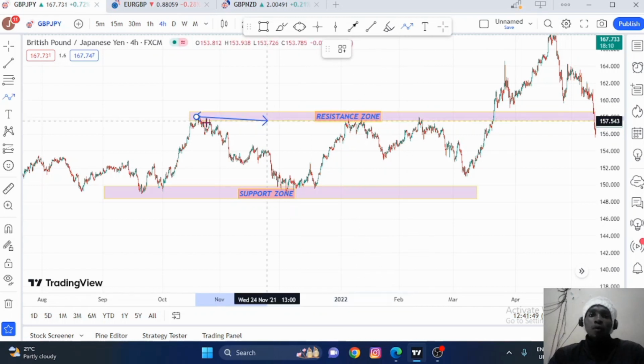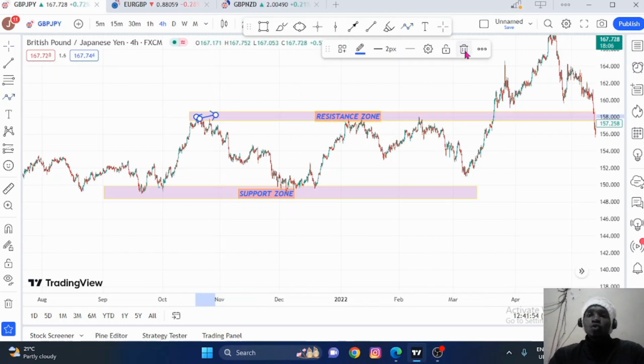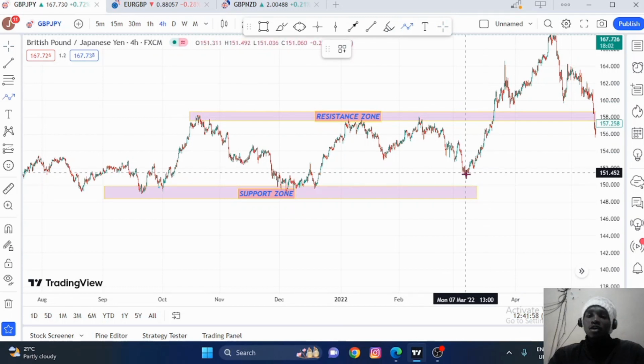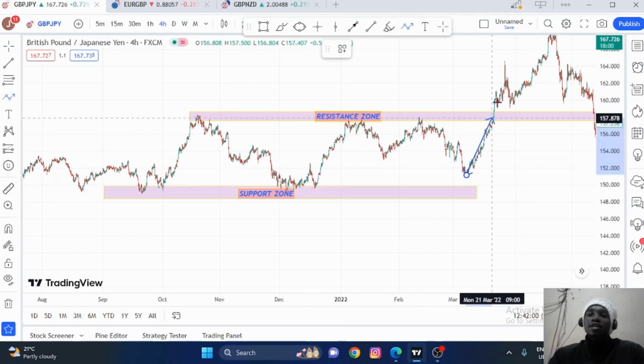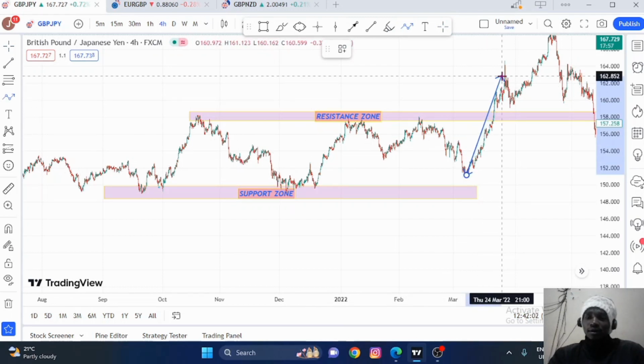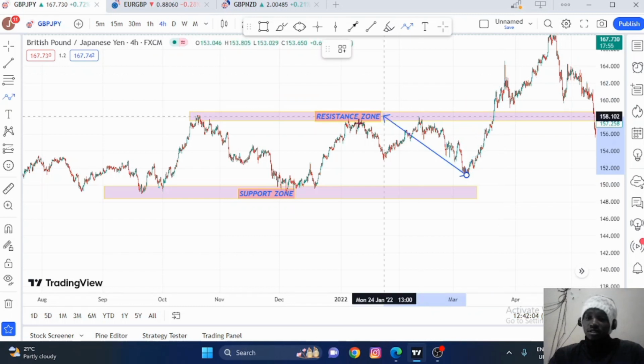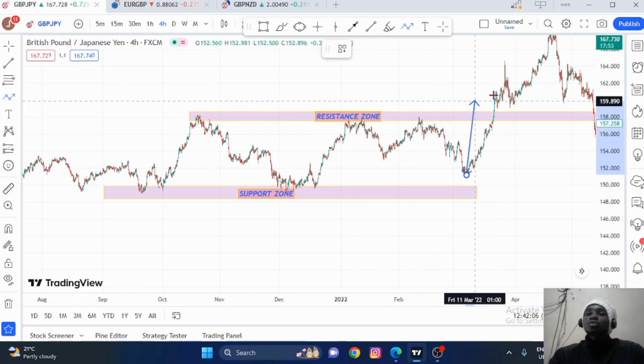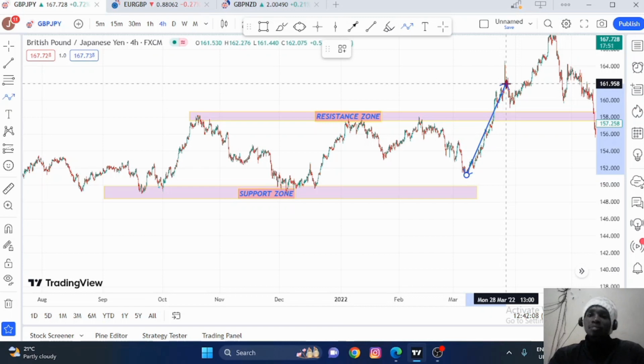After the breakout, if the price breaks this resistance, before it was the resistance, but once it is broken it has changed its role from resistance into support.